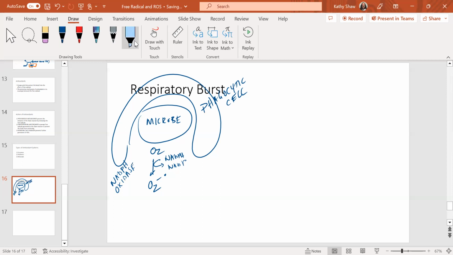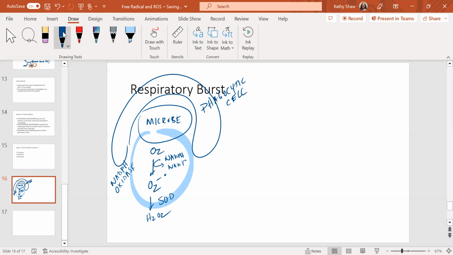So this part, that's really the respiratory burst and the whole thing. Then the enzymes we've already seen kick in. Superoxide dismutase will convert that oxygen to hydrogen peroxide.